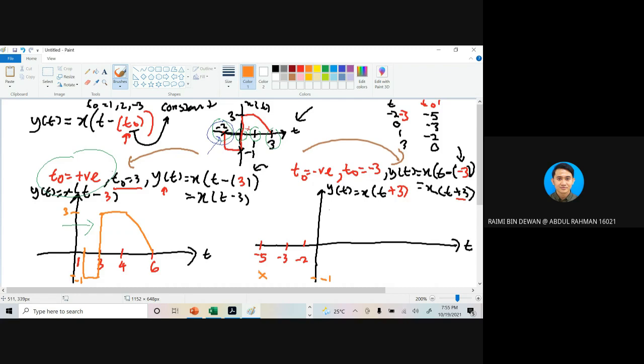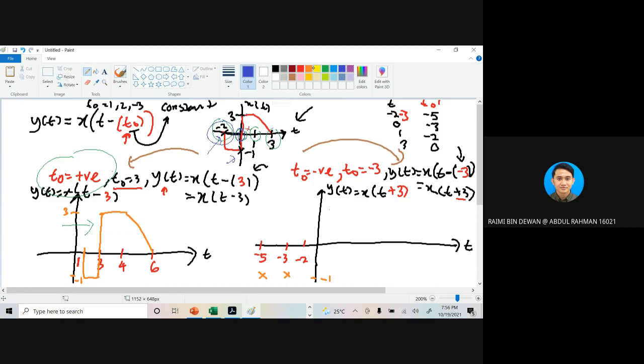How about the next one, 0, which is -3. The initial time 0 is at t -3 now. However, at 0 you can have two values, right? -1 and 3. So here you should have two values as well. One is -1. Remember, there's no changes in amplitude.